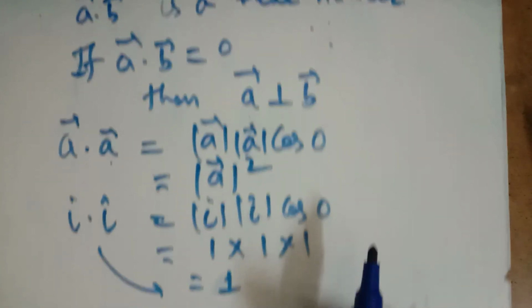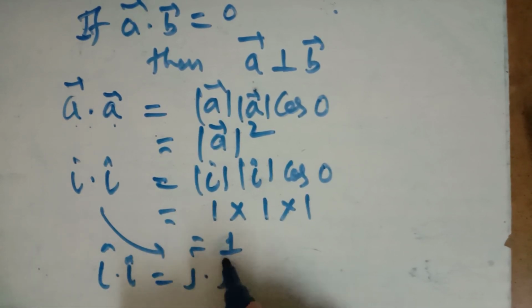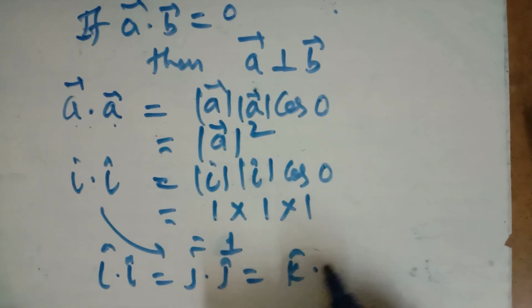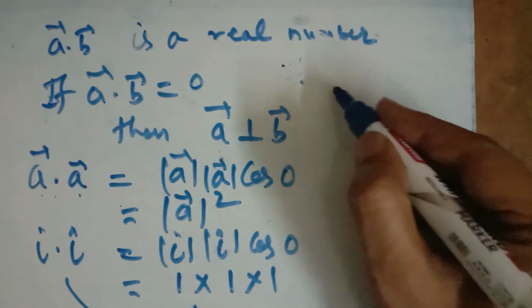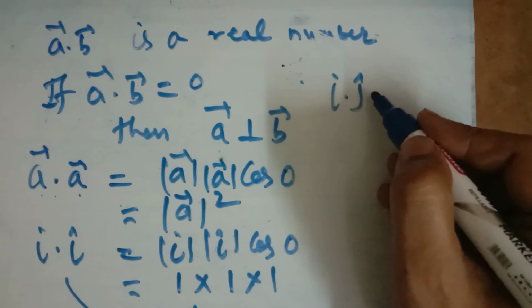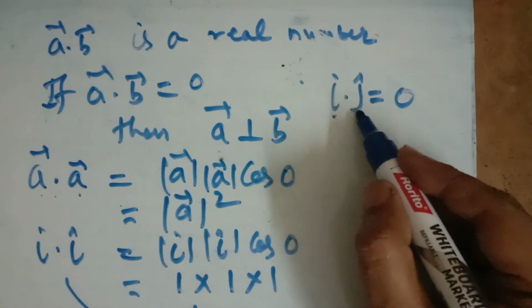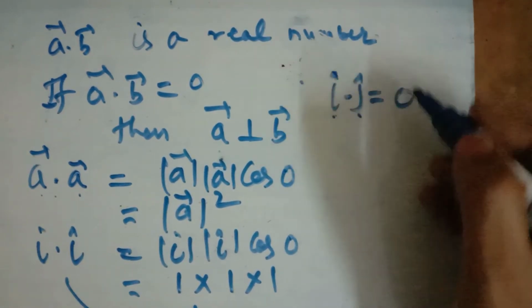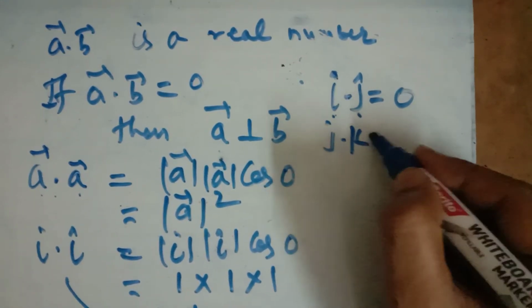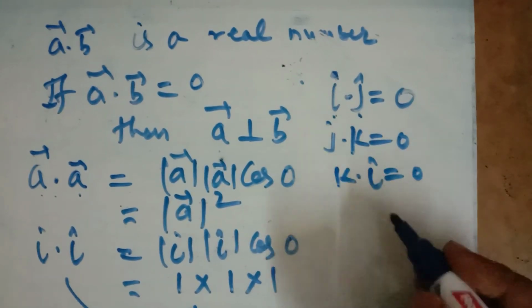So we can say that i dot i, j dot j, similarly k dot k will be equal to 1, and i dot j will be equal to 0 because i and j are unit vectors perpendicular to each other. So j dot k will be equal to 0, and k dot i will be equal to 0.